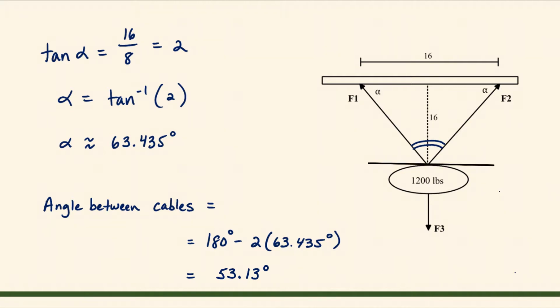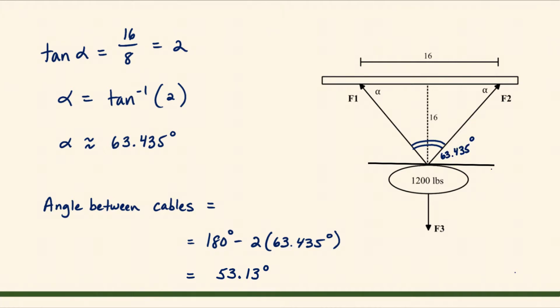Using alternate interior angles, we can find the angle from the horizontal to vector F2. That angle would have the same measure as angle alpha, which is 63.435 degrees.